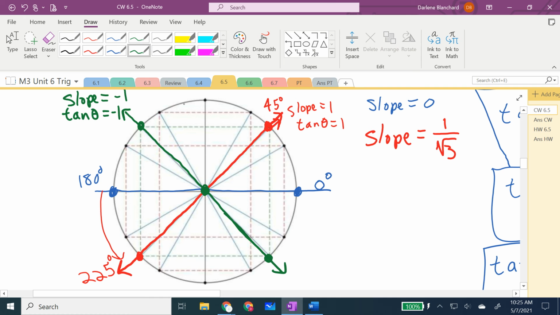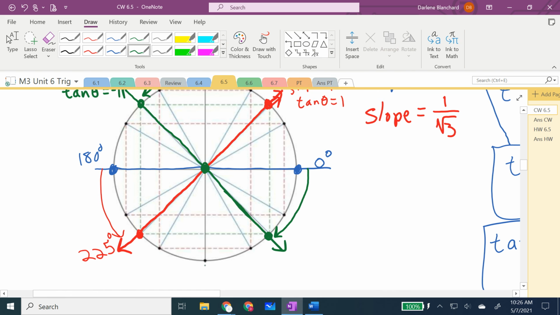And then I can find those angles if I start at 90 degrees and add 45. And I could go 360 minus 45, or I could do 270 plus 45, either or.